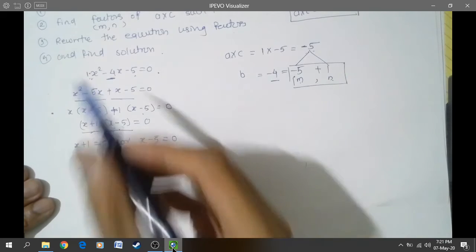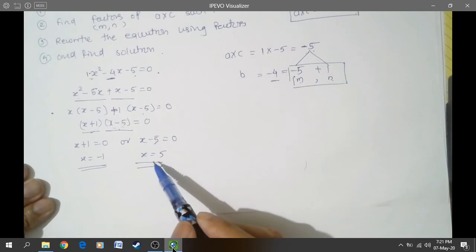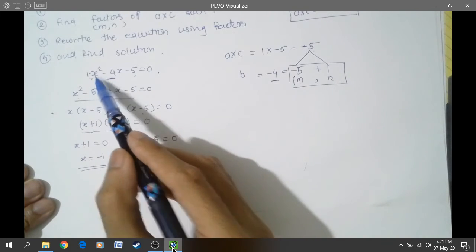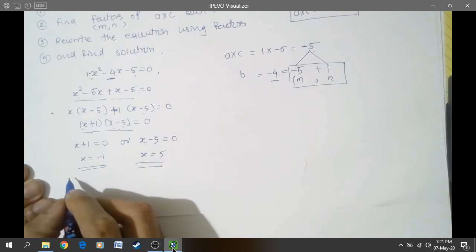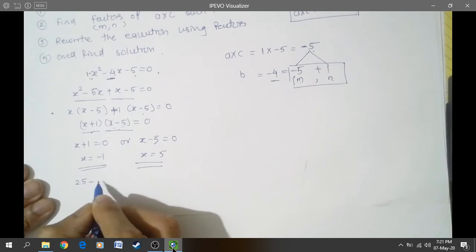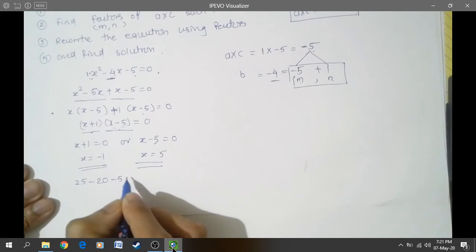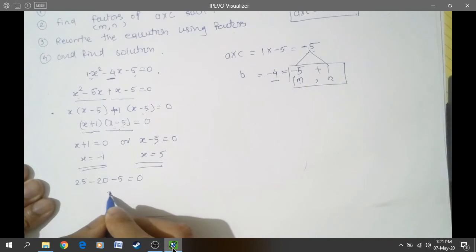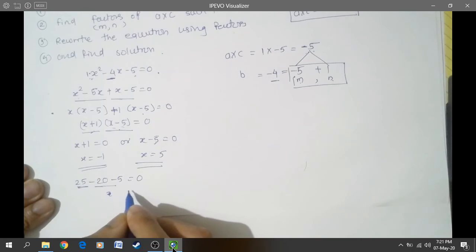If we put these values in our quadratic equation, if we put x is equal to 5, what is the answer? Put it in our quadratic equation: 25 minus 20 minus 5, which is 0, right? 25 minus 25 is 0.